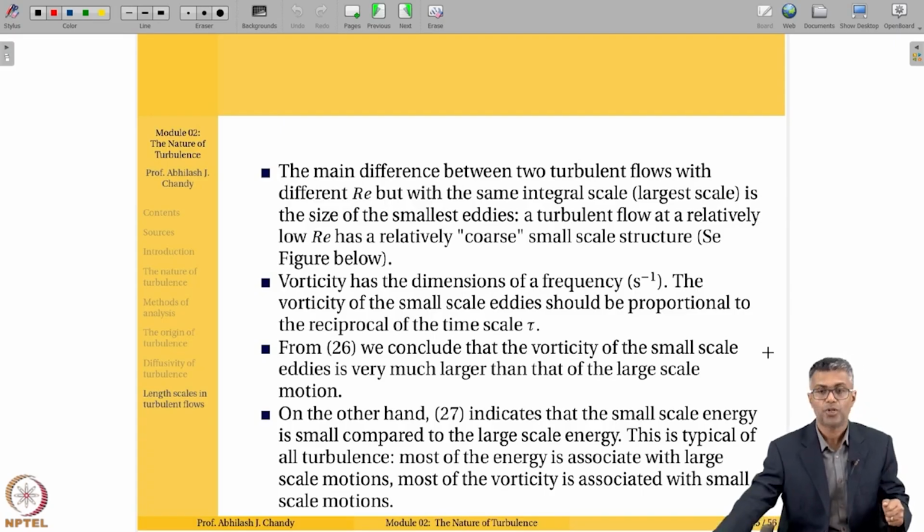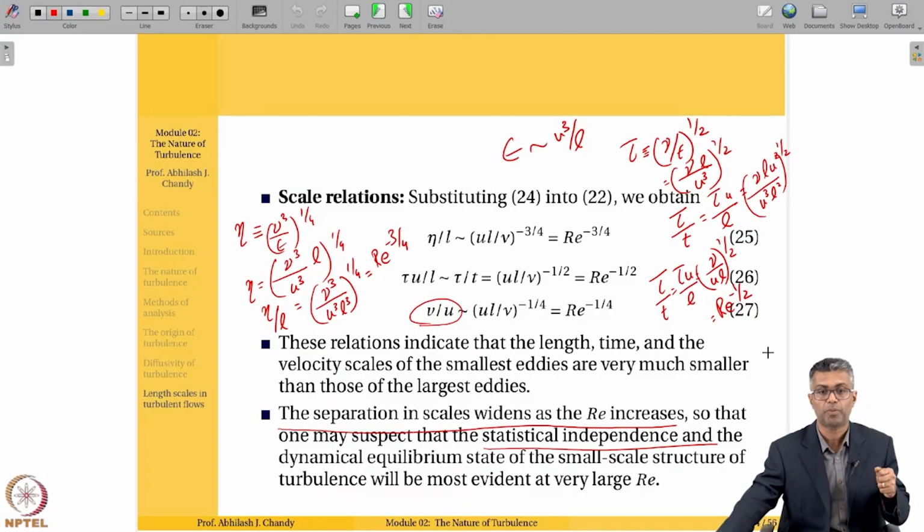So if I look at equation number 26, the Kolmogorov time scale is much less than the large time scale, as is clear from equation 26, because it depends on the Reynolds number to the negative half, isn't it?